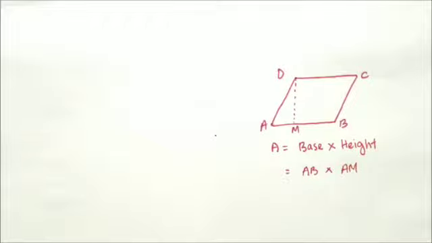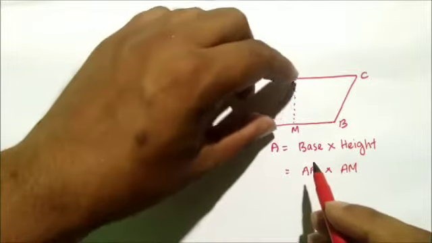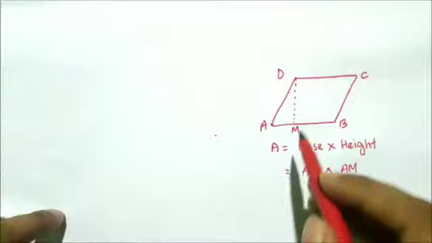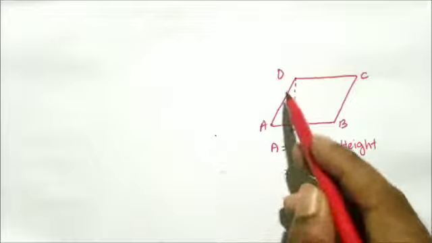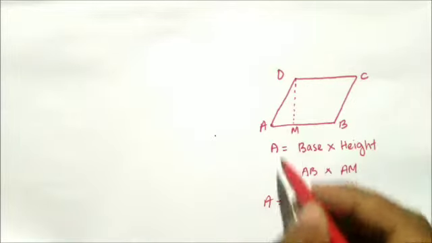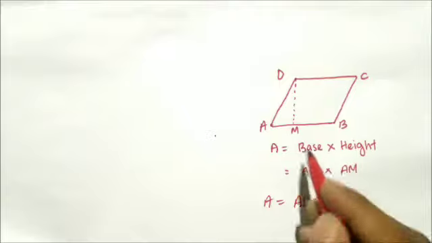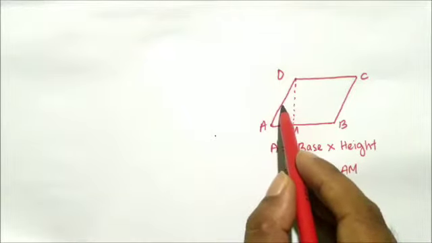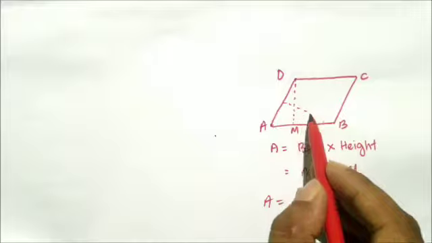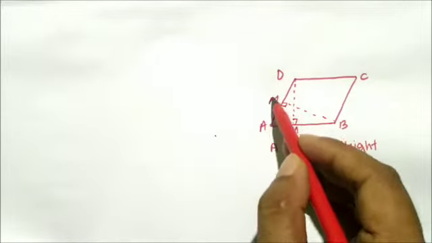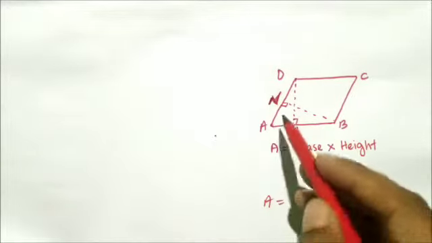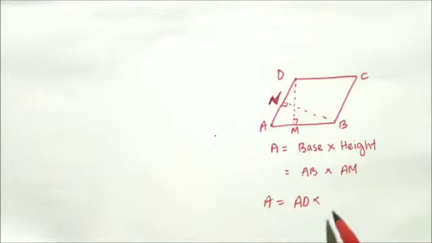Now suppose someone is trying to find the area of this parallelogram assuming this as the base. Then if AD is the base, the area will be AD into the perpendicular, let's say this is the perpendicular, this is N. So in that case the area will be AD into BN, but both are the same.